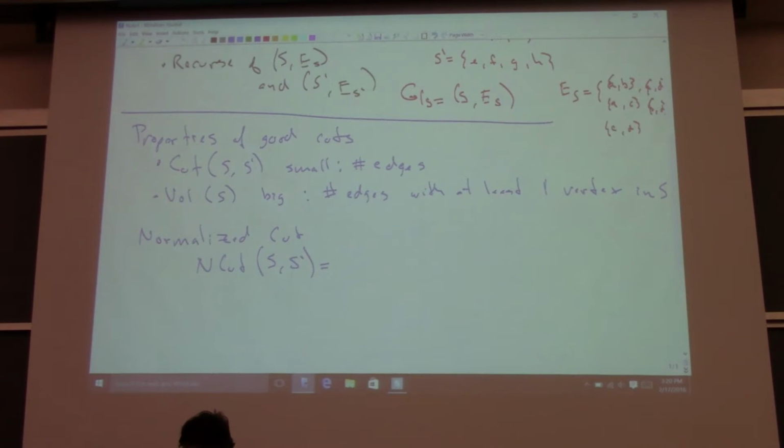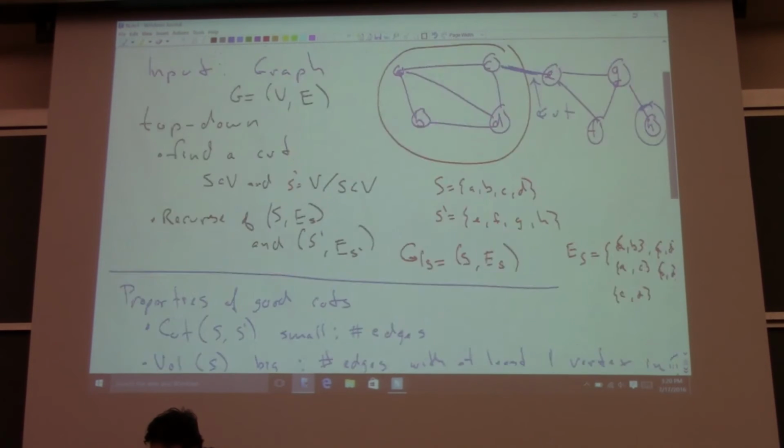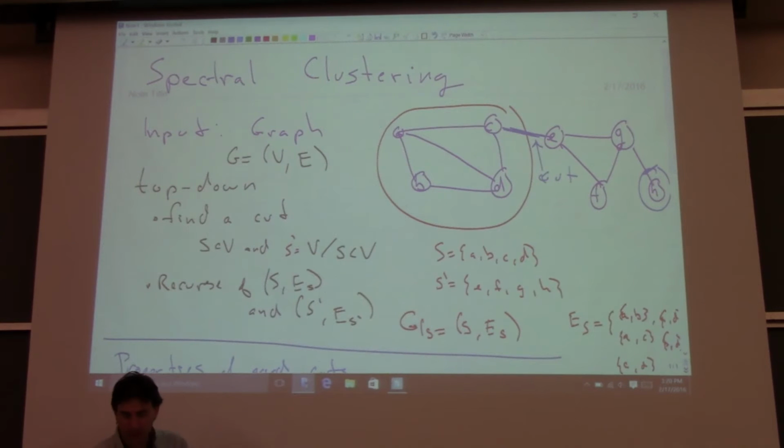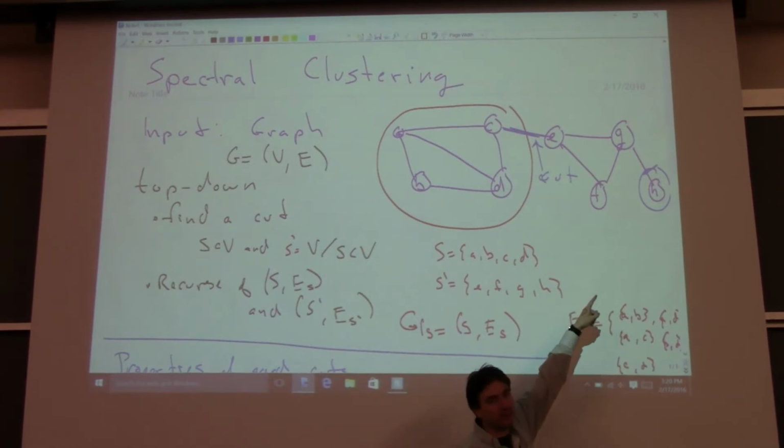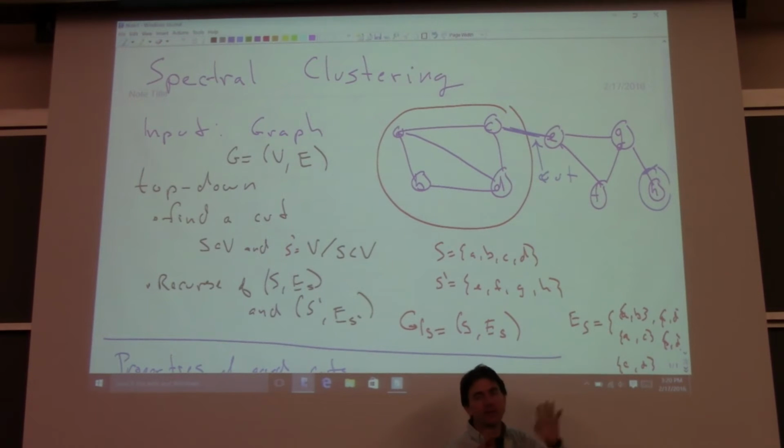This is going to be the cut of S prime over the volume of S. But this by itself isn't good, because I can just make the volume big by having the same cut, or a cut that goes to H here, but instead of having H in the set S, H would be S prime.